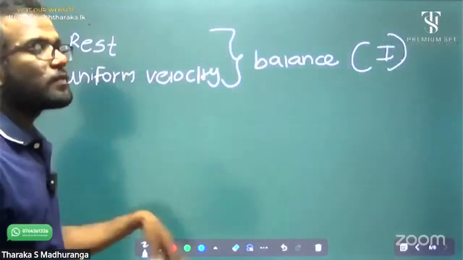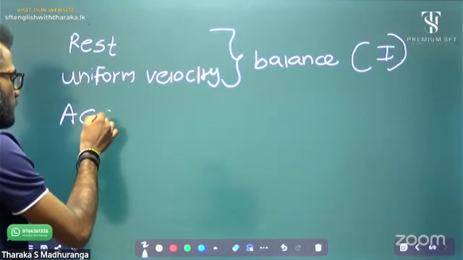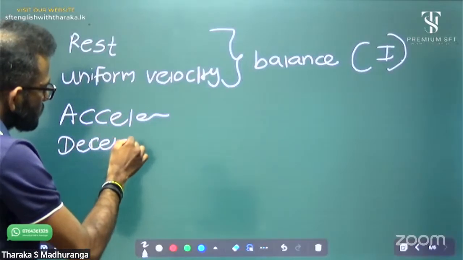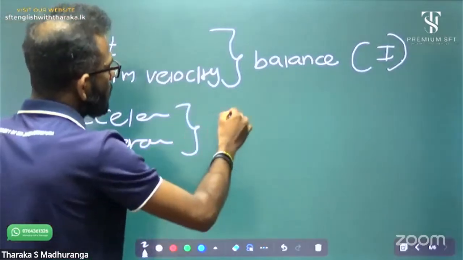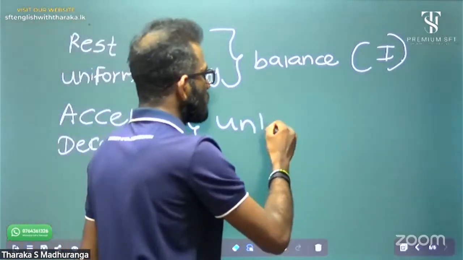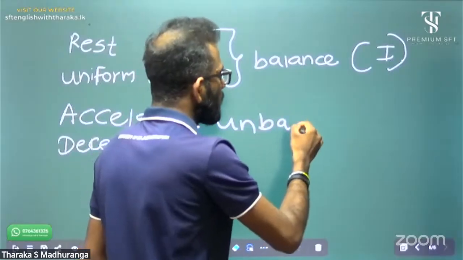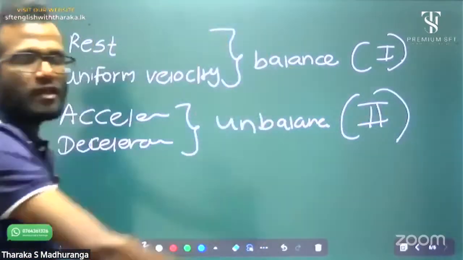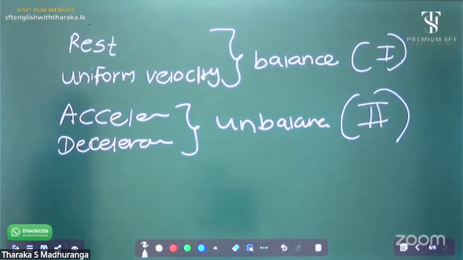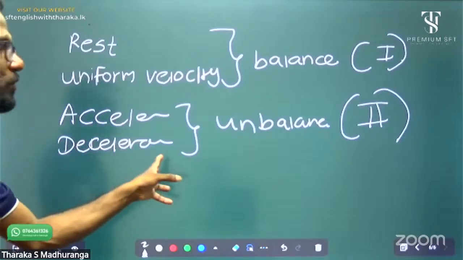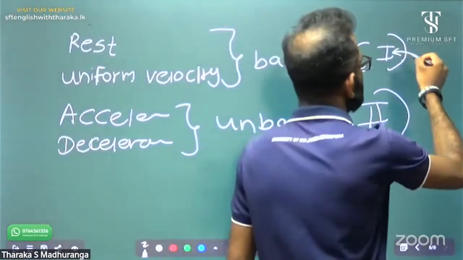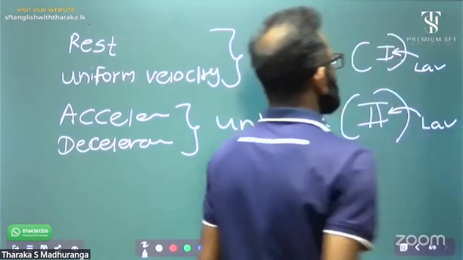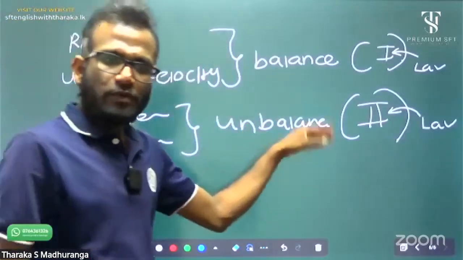Acceleration and deceleration, all such objects are unbalanced. Unbalanced means they have an unbalanced horizontal force, and that is Newton's second law. That's the final summary. Please note down Newton's first law and second law if you don't know.